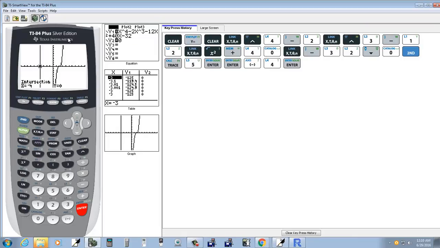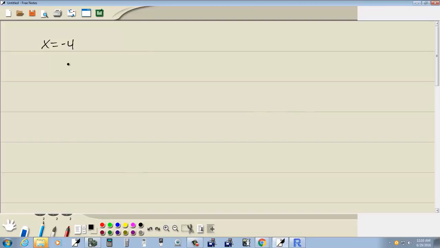Now let's find that next one. Looks like maybe it's 2. So do second trace and choose intersect. Enter our first curve, enter our second curve, and let's put 2 in for the guess. And it tells us that x equals 2.